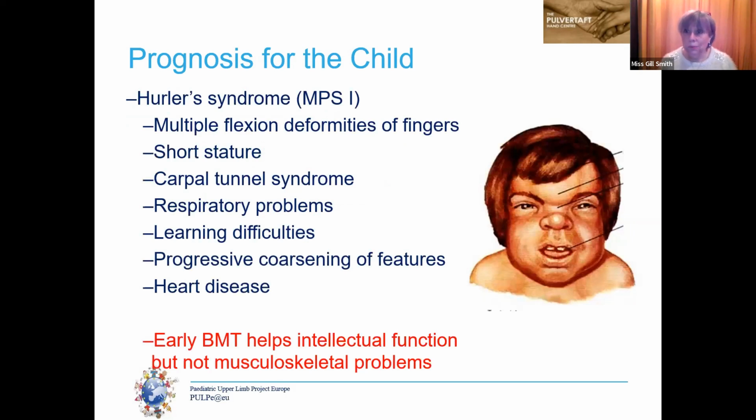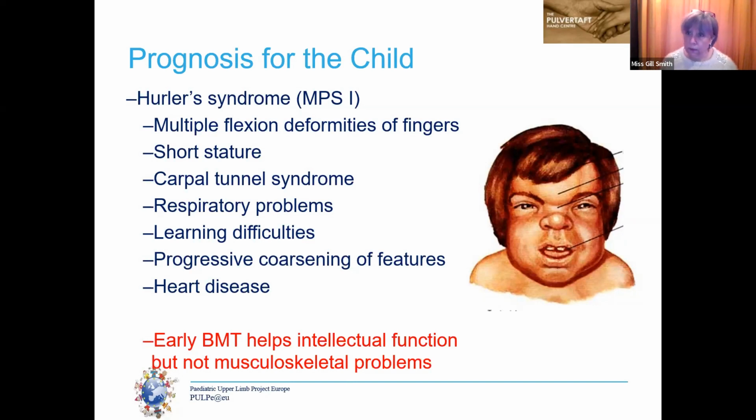Another really important one to pick up, and you probably won't be the one picking it up, is Hurler's syndrome, MPS 1, so mucopolysaccharidosis storage disease. And these patients get multiple triggers of their fingers, but because they trigger so badly, they often look like flexion deformities because they're just bent. They get carpal tunnel very early on and really, really severe.